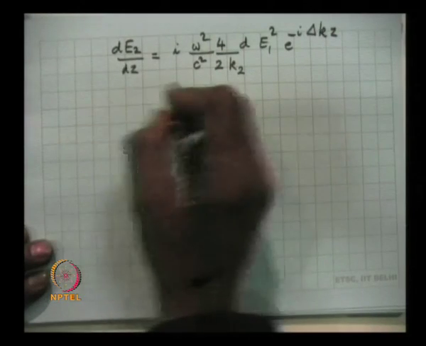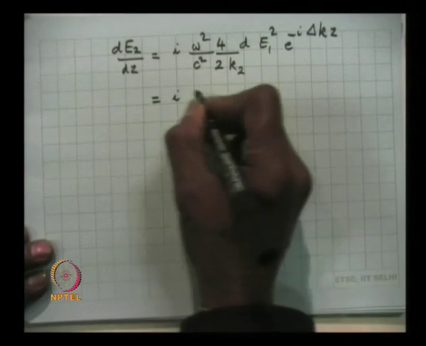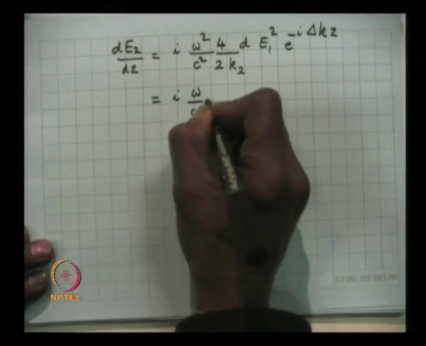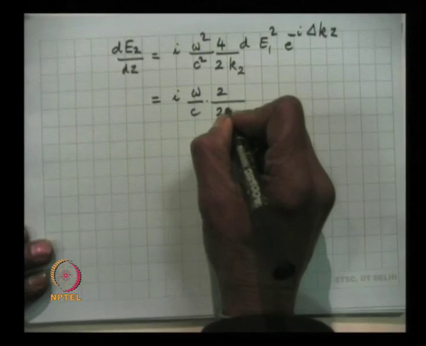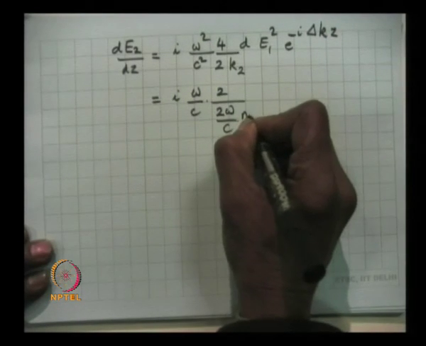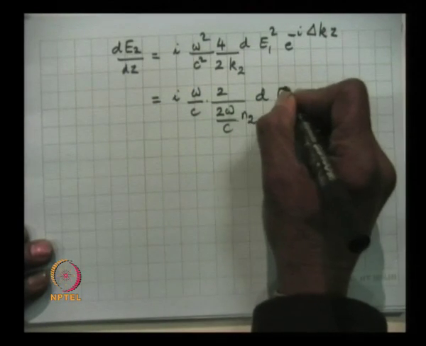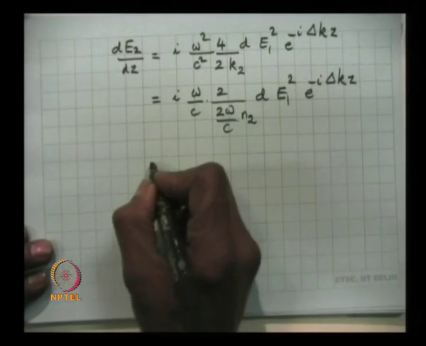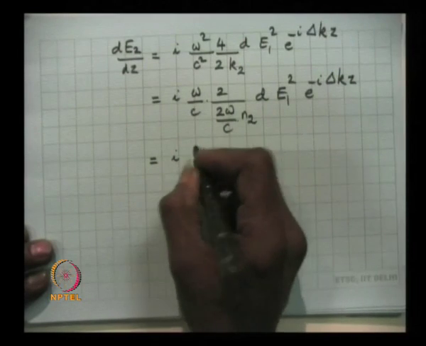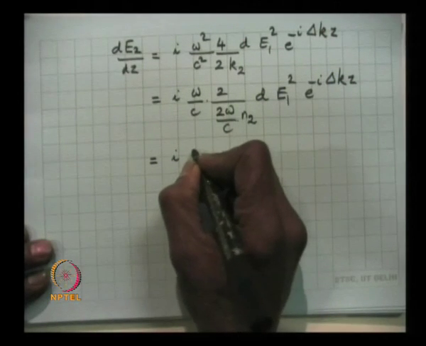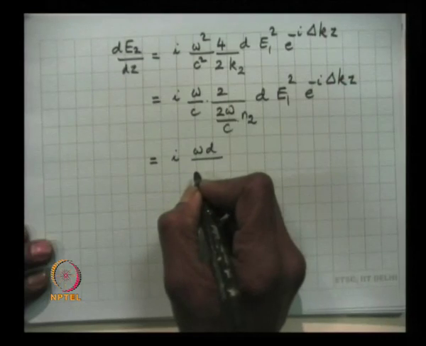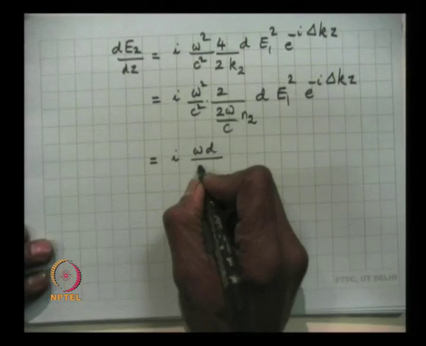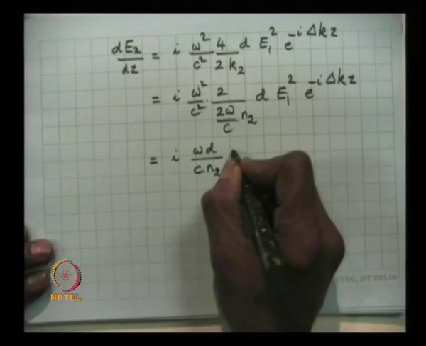Now, I substitute for k 2, so this factor of 2 goes off. So, i omega by c into 2 by, now k 2 is 2 omega by c into n 2, d E 1 square exponential minus i delta k z. So, this is i times omega d by c n 2 E 1 square.